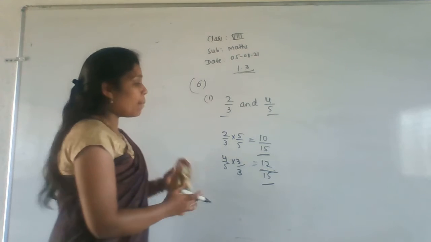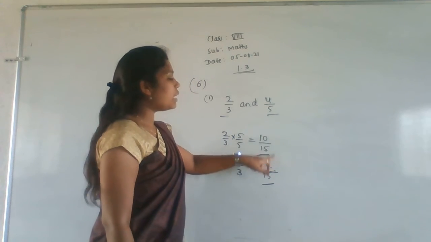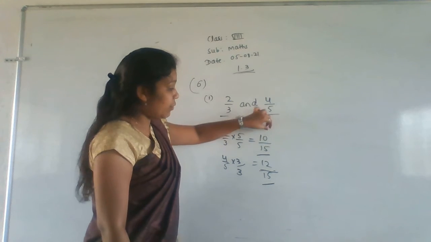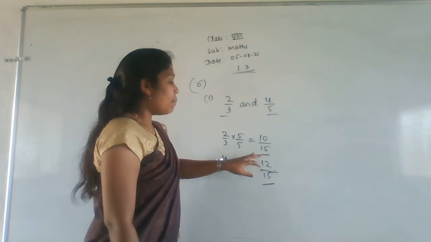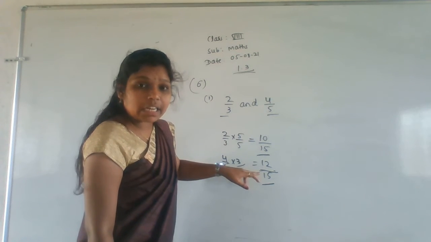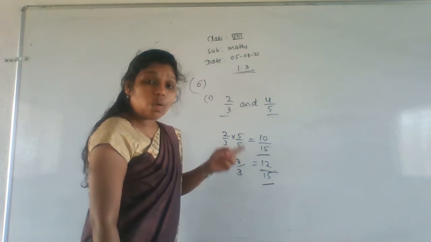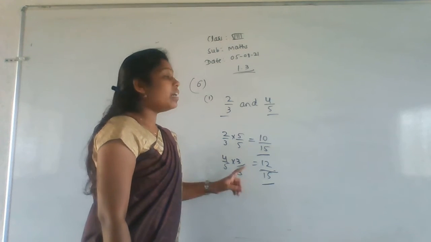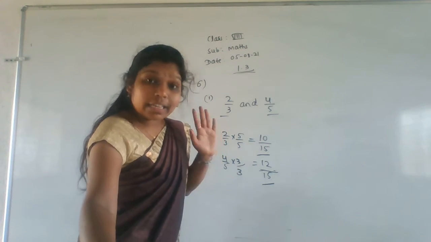Now we just compare the numerator values and write the rational numbers between these two, right? But here 10 and 12 are there. In between 10 and 12, how many numbers are there? Only one number, that is 11 by 15. But we want 5 rational numbers.